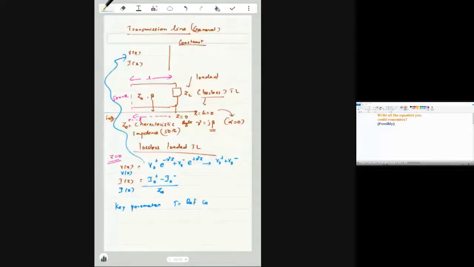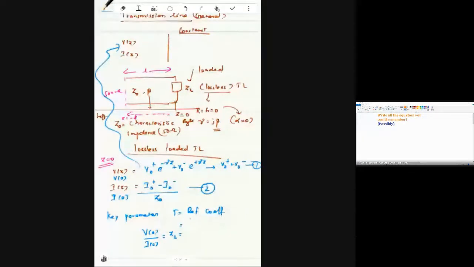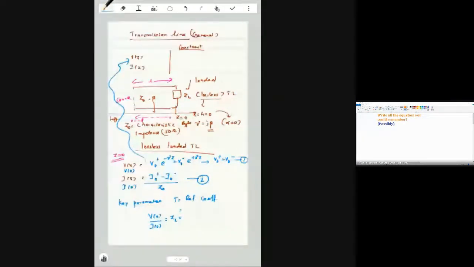It measures how much reflection is happening in the transmission line. By taking this voltage and current, V of 0 and I of 0, this will give me the impedance at the load. So if you divide 1 and 2, we'll get V naught plus and V naught minus.